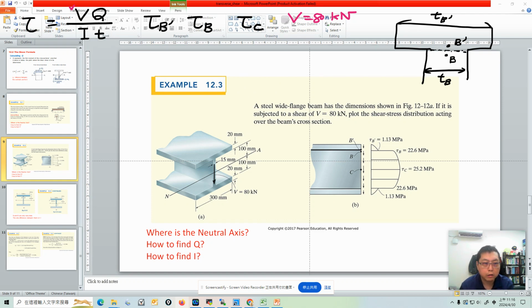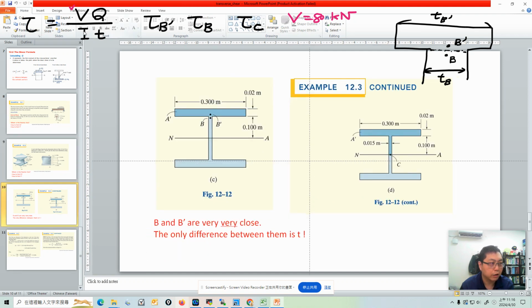The next step is to calculate the moment of inertia of this cross-section area. No matter whether it's B prime, B or C, they are on the same cross-section area, so they have the same I. That's very important.